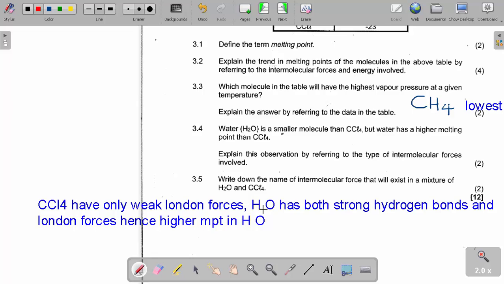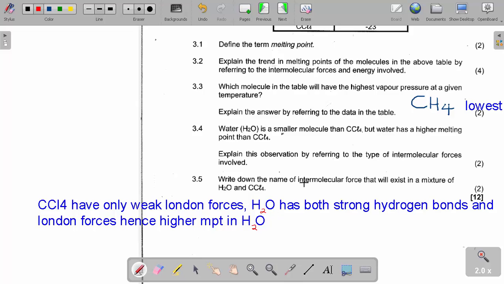The London forces combined together. Okay, so this water, H2O, has got both what? Hydrogen bonds and London forces. Hence, it has got a high melting point in water than in carbon tetrachloride. That's why it has got a high melting point in water than in carbon tetrachloride.